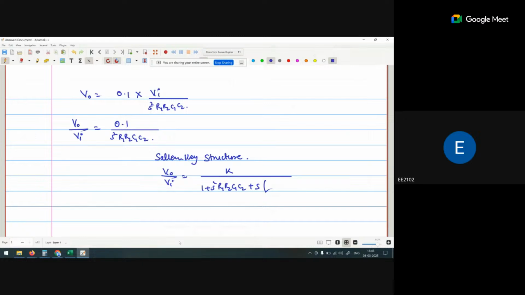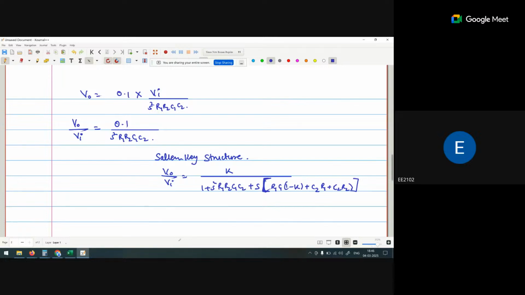We directly use this formula: K upon 1 plus S squared R1 R2 C1 C2 plus S times [R1 C1 (1 minus K) plus C2 R1 plus C2 R2]. We use this formula.